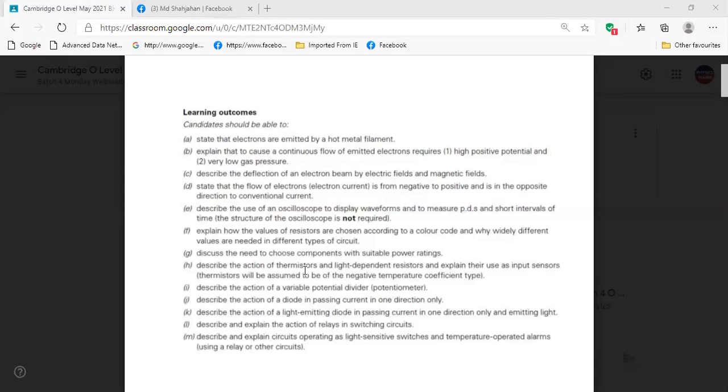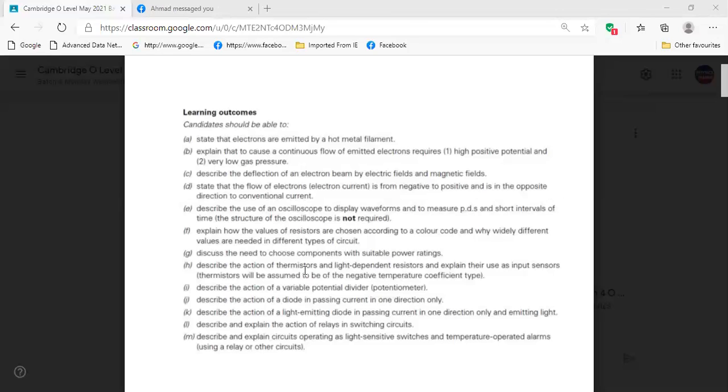Look here at the last learning outcome. It is mentioned like that: light sensitive switches, which means here we will use LDR, and then temperature operated alarms, which means there we will use thermistors, and then using a relay or other circuits.